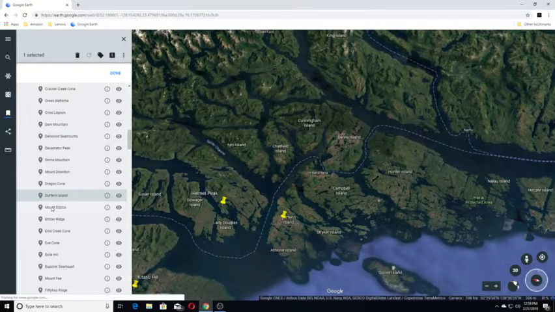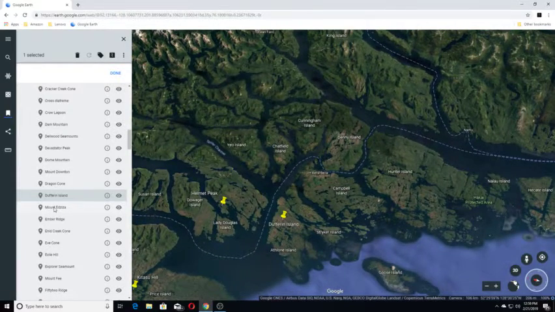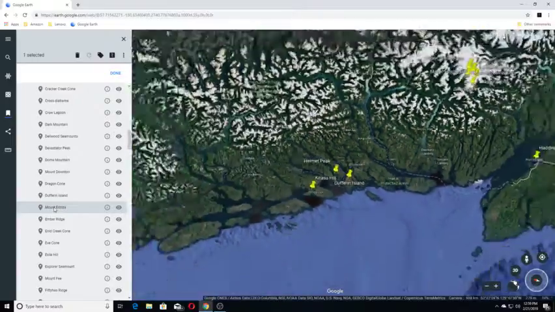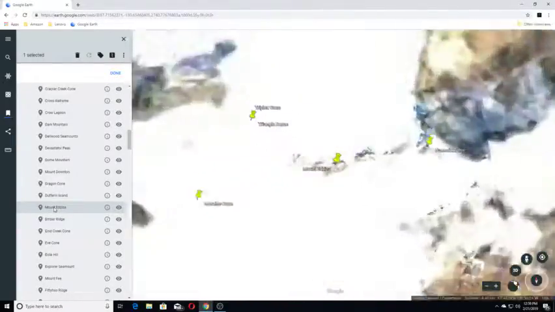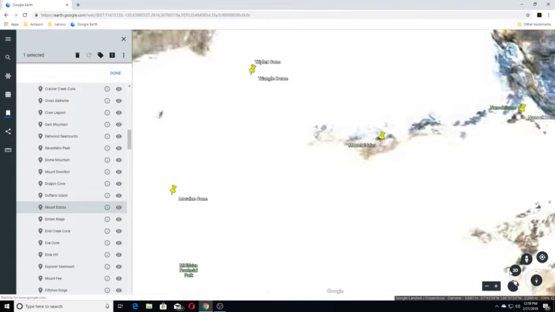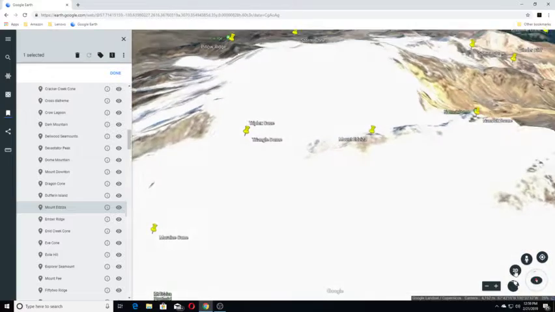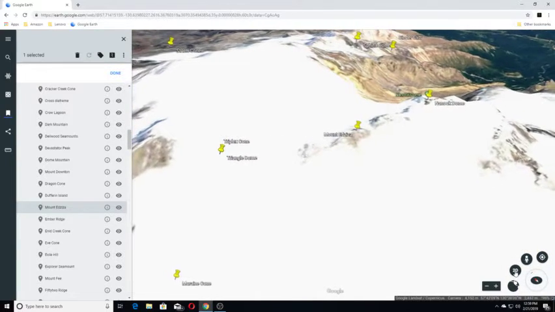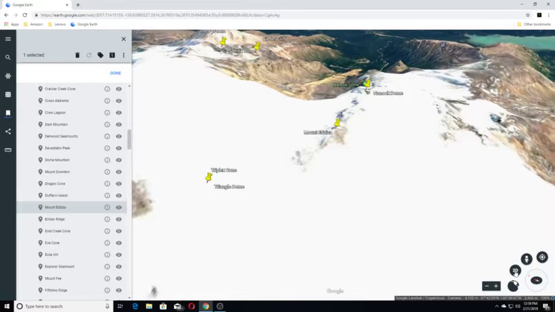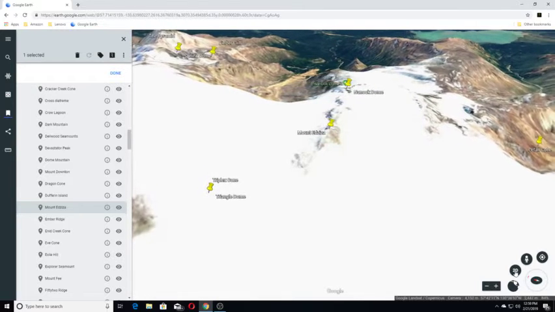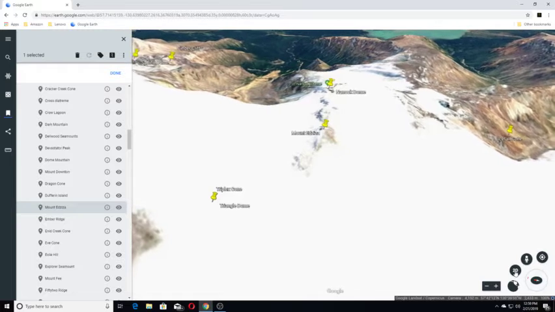And moving on to the next one, which is Mount Edziza. Mount Edziza is a stratovolcano in the Cinder Cone country of northwestern British Columbia, Canada.